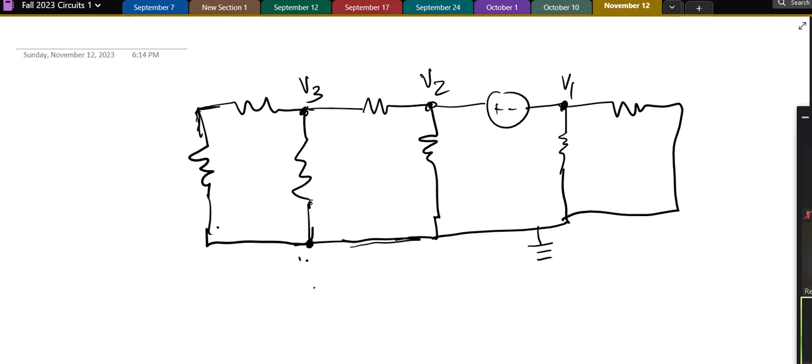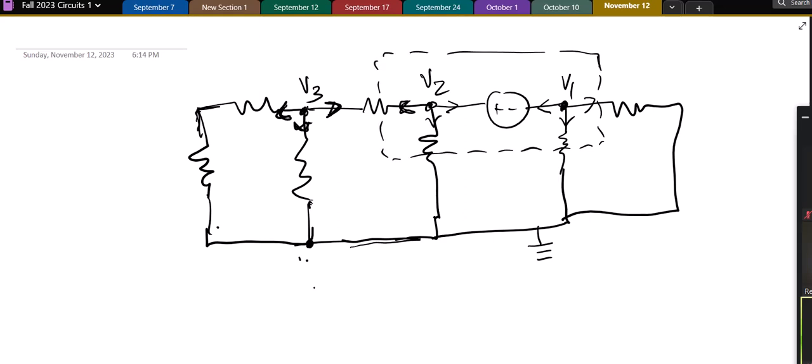So V1, V2, V3. Coming out of V3, I have a current here, and a current here. Coming out of V2, I have a current here, a current here, a current here. Coming out of V1, current here, current here, current here. But then I look at between V2 and V1, and I see the only thing that I've got there is a voltage source. So when that's the case, I treat both nodes together as a supernode.